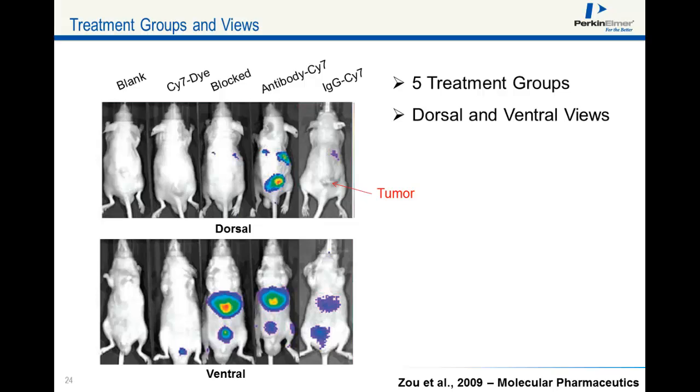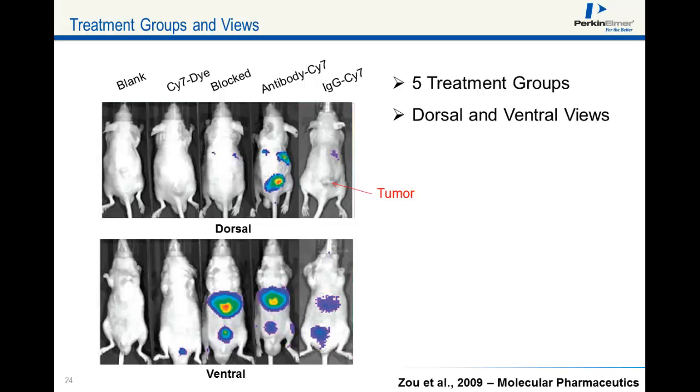In order to determine biodistribution, it is important to design a study with the correct treatment and control groups. Traditionally, we have a blank control group, a non-reactive dye-only group, a block target group, the fluorescently labeled antibody of interest group, and a non-specific IgG labeled antibody.